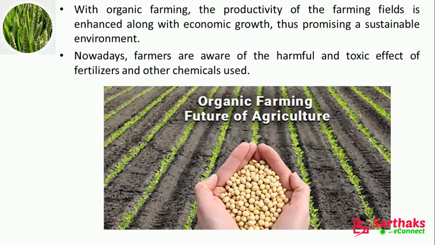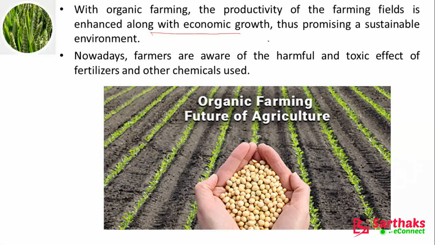Now with organic farming, the productivity of the farming fields is enhanced along with economic growth, thus promising a sustainable environment. Because you know that if I am using synthetic pesticides, it will affect the crops and also the soil. Sometimes it has been seen that the soil is not acceptable for any other crop production.